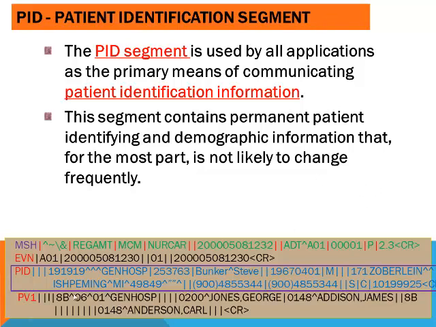If you see here, this is the PID segment. The first PID here means the segment ID, the same as in the MSH segment. After that, we find there are many fields here. This segment contains many items, and we will explain them one by one in the next several slides.